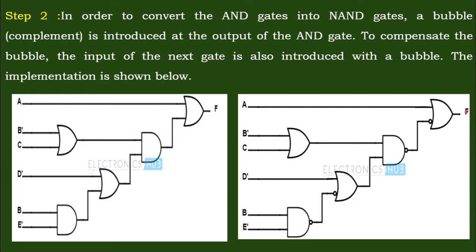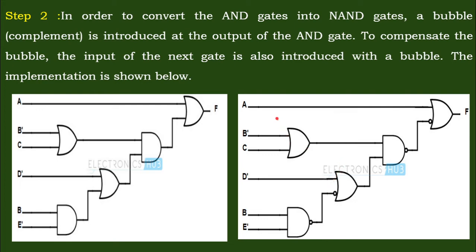This bubble is compensated by this bubble, and likewise for this AND gate, we make it a NAND, and to compensate, we add one more bubble in the same line, which will cancel the effect.